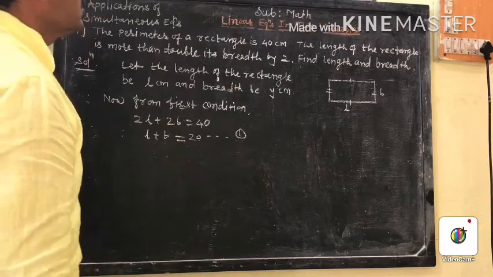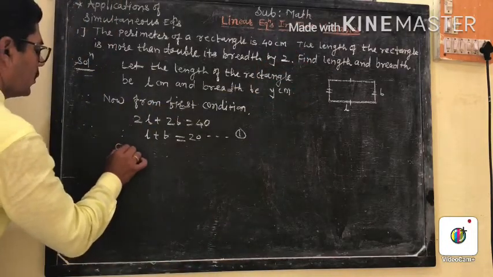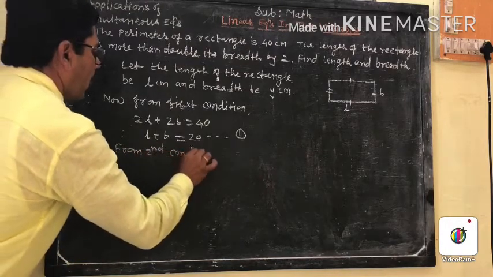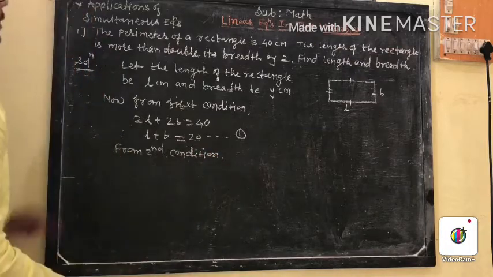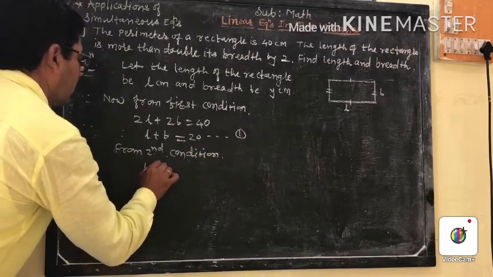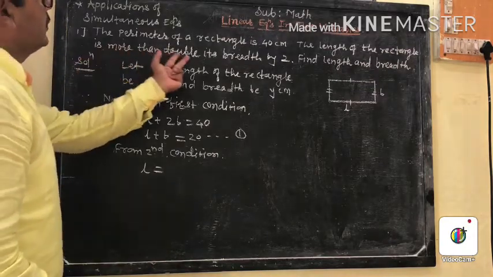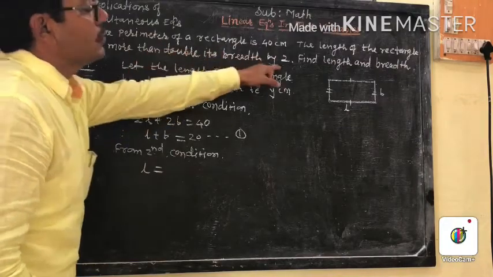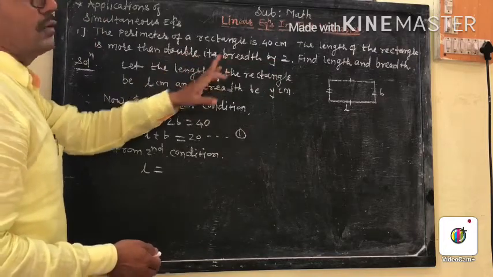And the second condition is the length of the rectangle. From the second condition, the length of the rectangle is 2 more than the double its breadth, meaning 2 more than the double the breadth of the rectangle.